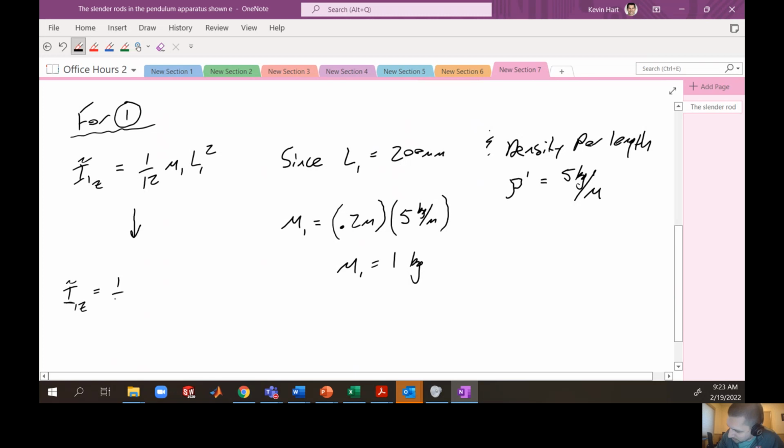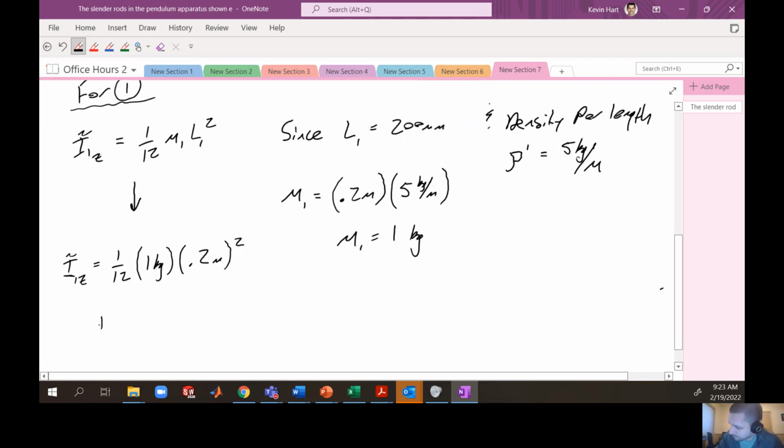So here this is going to be 1/12. The mass of object 1 is 1 kilogram. The length of object 1 is 0.2 meters squared. If you work this out, you'll end up with a mass moment of inertia for the first slender rod, which is this vertical rod, about its own center of gravity, of 0.00333 kilograms meter squared.